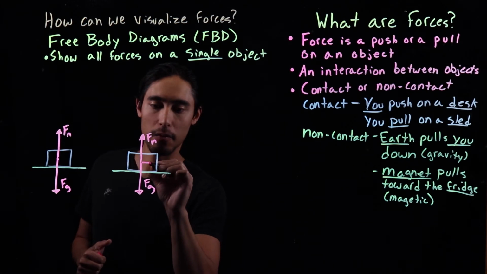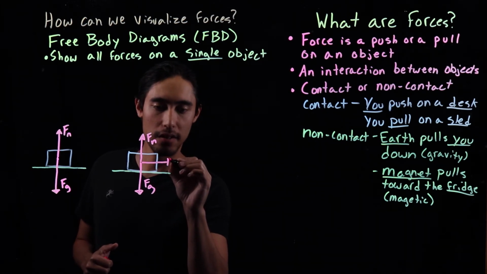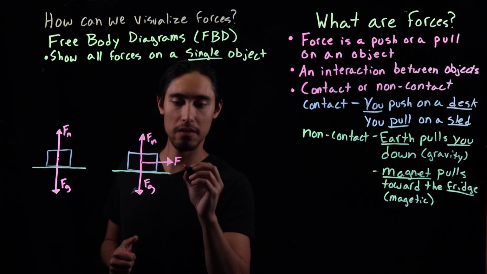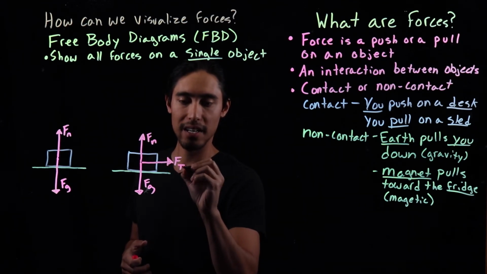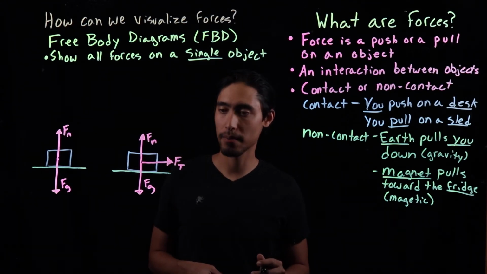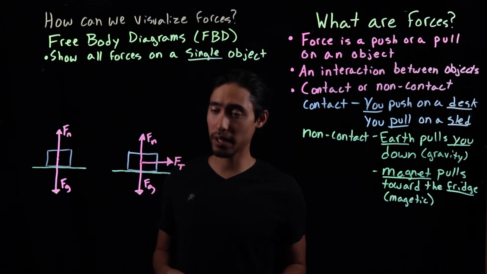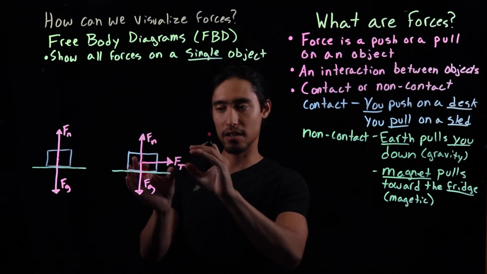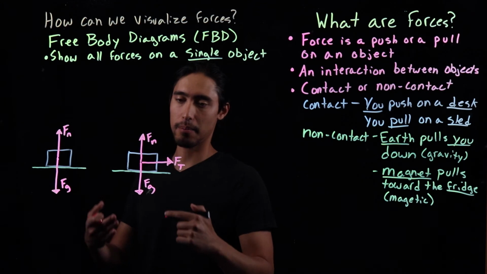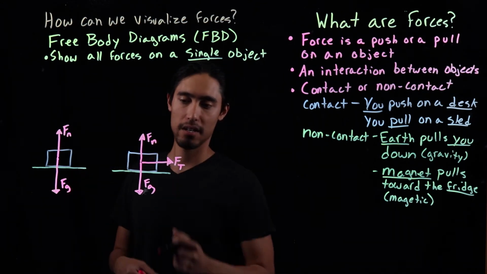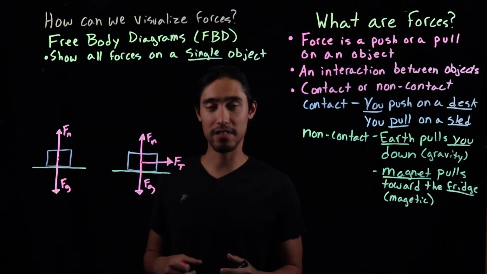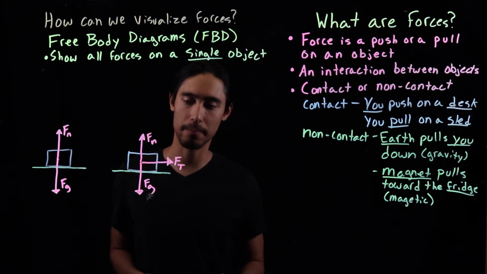We apply a force, and since we're pulling with a rope, we'll call that F subscript T, the tension force. Since we're pulling on this sled, there's tension in that rope, and it's applying a force this way, trying to move or accelerate the sled in the same direction.